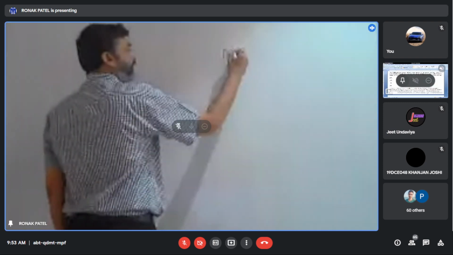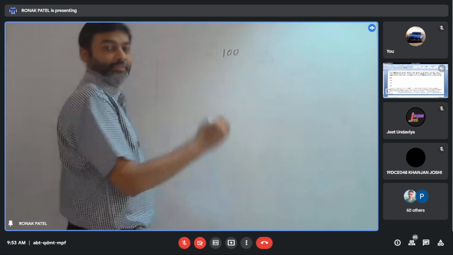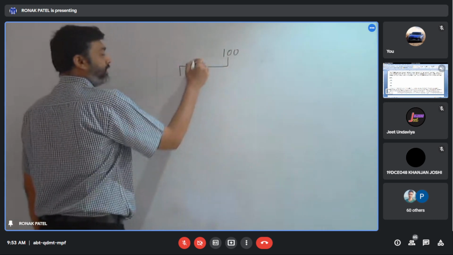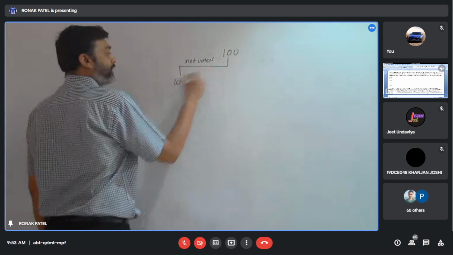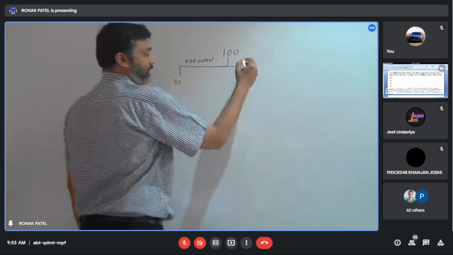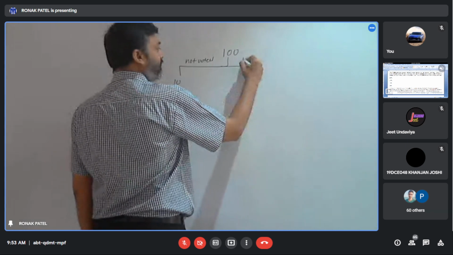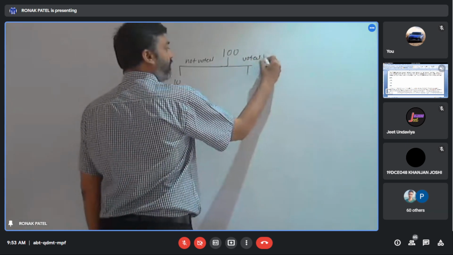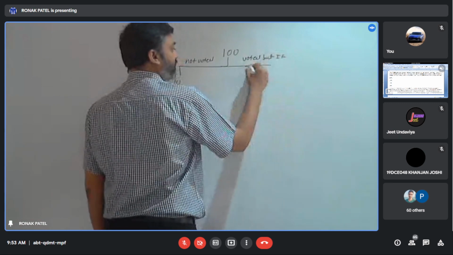You assume that that number is 100. The total residents are 100. 10% people didn't vote. So I'll divide in parts. So not voted, there are 10 people. Next part, that 20 persons are ineligible. So voted but ineligible, that is 20.